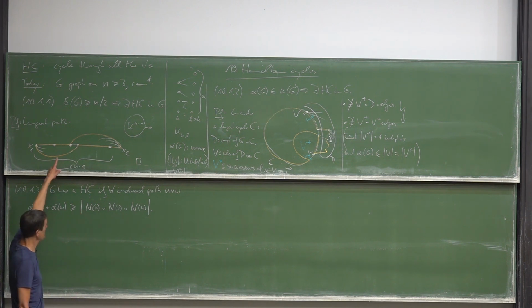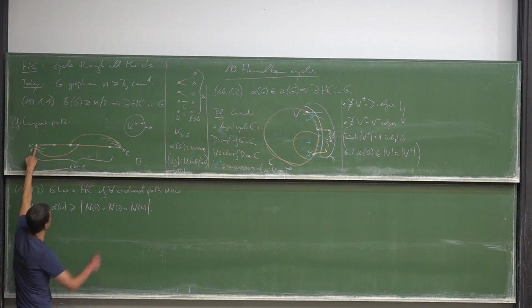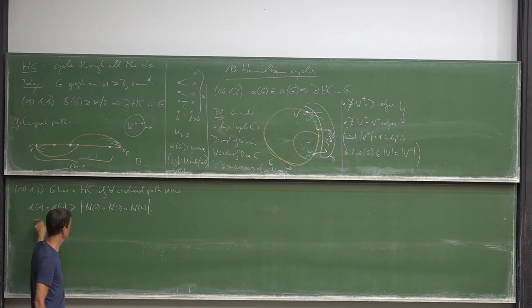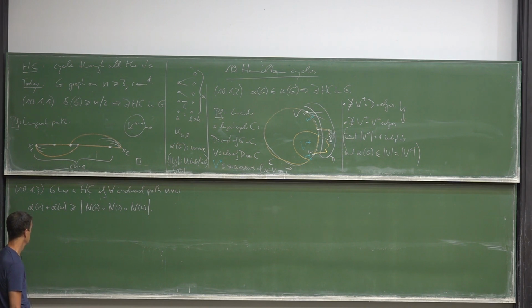The same proof that we had up here obviously also yields that if for every two non-adjacent vertices, the sum of their two degrees is at least n, we get a Hamilton cycle. I didn't mention that, but the same proof yields that, and that also follows from here, and maybe in some sense inspires this statement here.